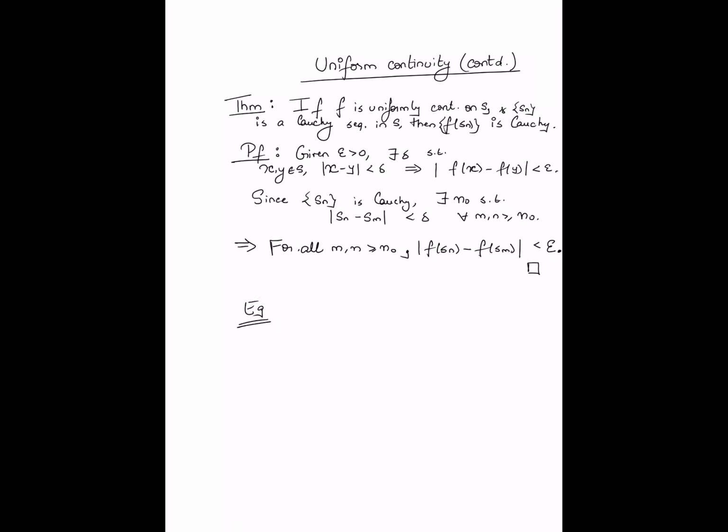Okay. Now let us apply this result. Now recall that we have already said that this function f of x equal to 1 by x square is not uniformly continuous on the open interval 0, 1. We already gave a direct argument for this, a first principles argument.